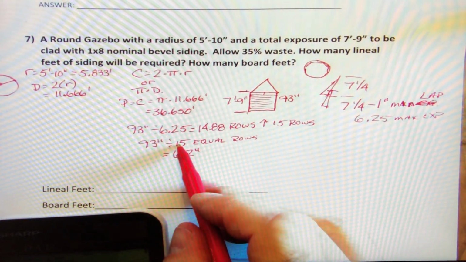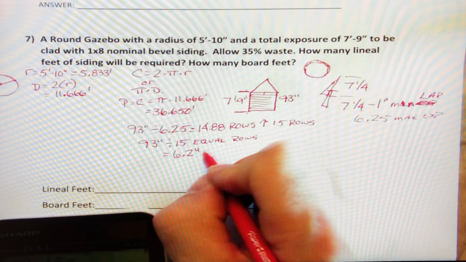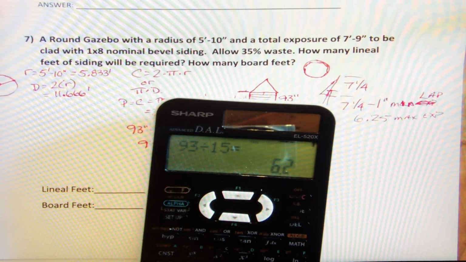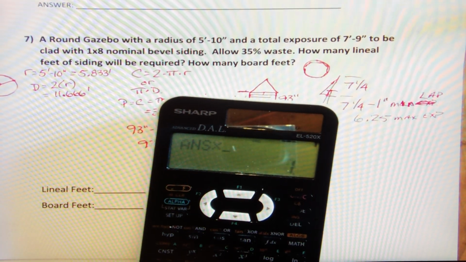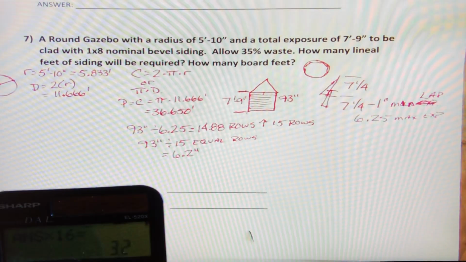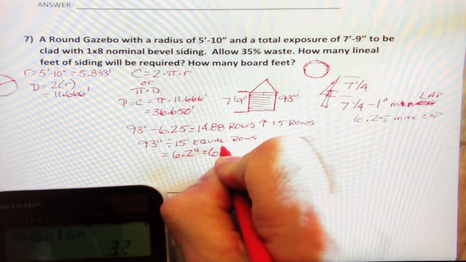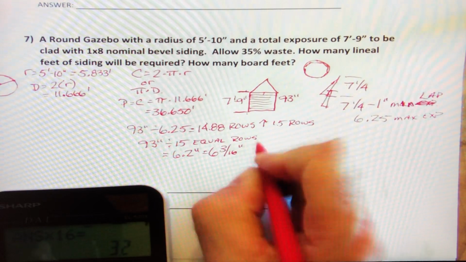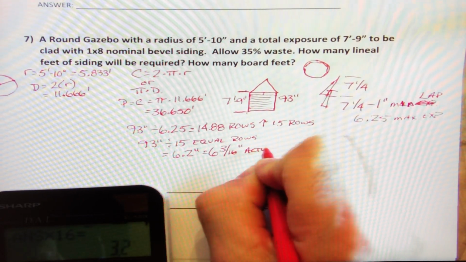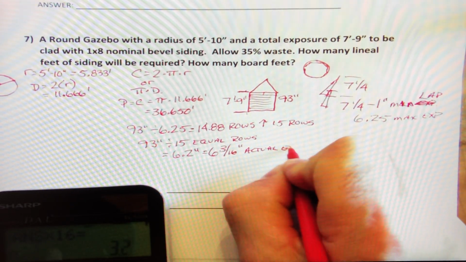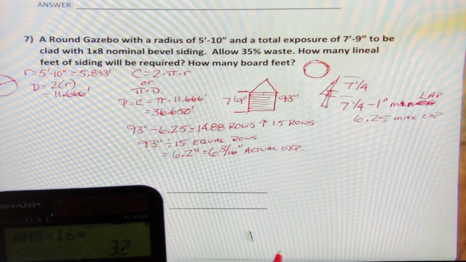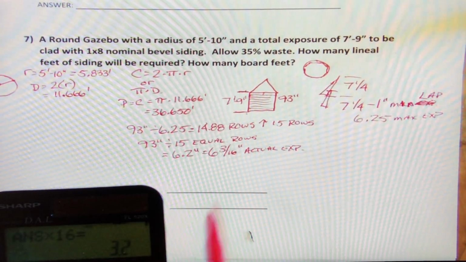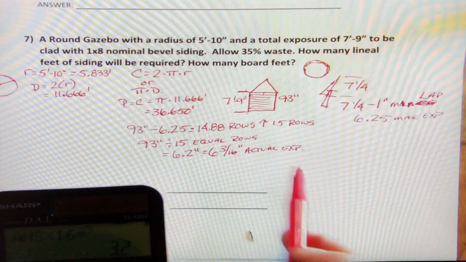I'll have 15 equal rows of 6.2 inches. If I convert that over, subtract 6, times 16 to change it to sixteenths, equals 6 3/16 inches. That is my actual exposure. I do not need that for this question, but if I'm going to install this, I do. So it's a benefit to you to do this calculation right now.